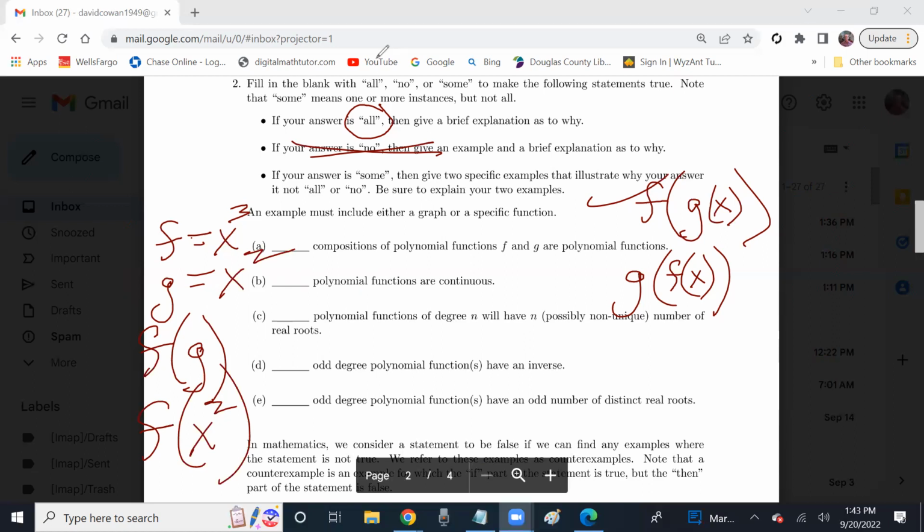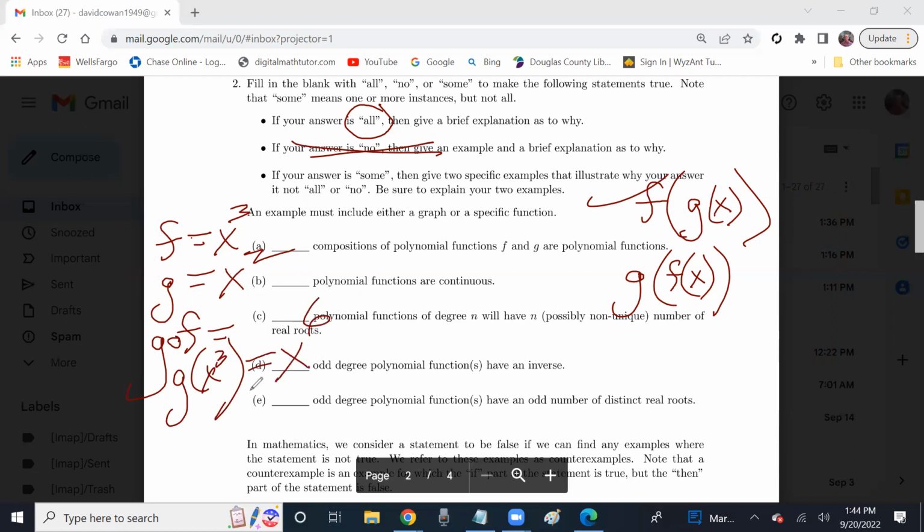I think I'm going the wrong way here. What if I go g of f? G of f would be g of x cubed. So I'm going to plug in x cubed wherever I see x. Now I still get x to the 6th.